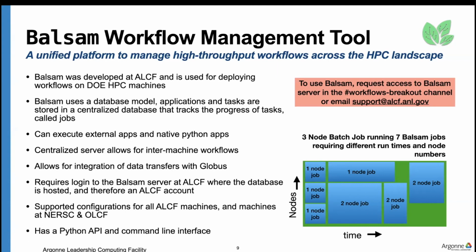So I'll change my verbiage a little bit right here. When Balsam runs these jobs, it saves them to a database. And so the workflow progresses by querying this database that you interact with and that your batch jobs interact with.